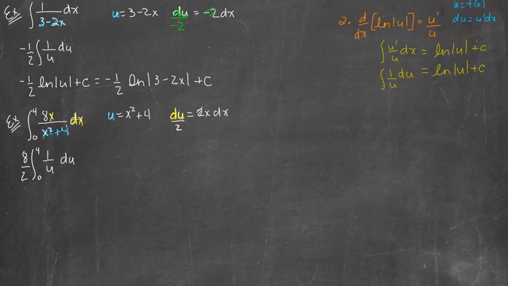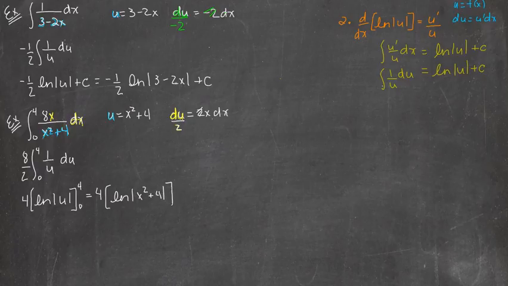log functions, and I'm left with 4, because 8 divided by 2 is 4. I'm actually integrating now, so I don't need my limits there: 4 times the natural log of absolute u on the interval from 0 to 4, which is the same as 4 times the natural log of absolute x squared plus 4 on the interval from 0 to 4.